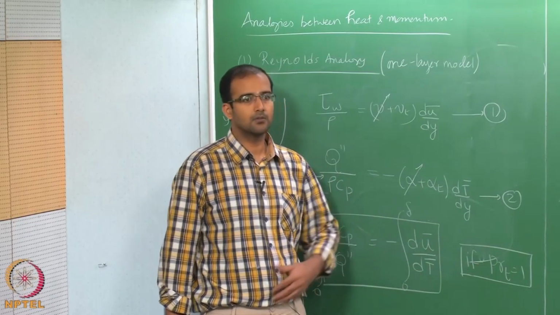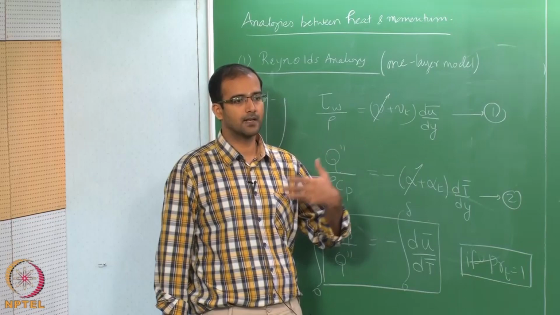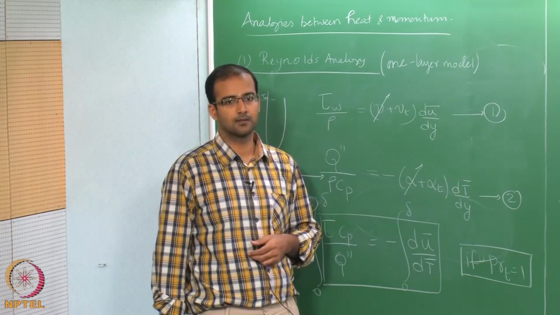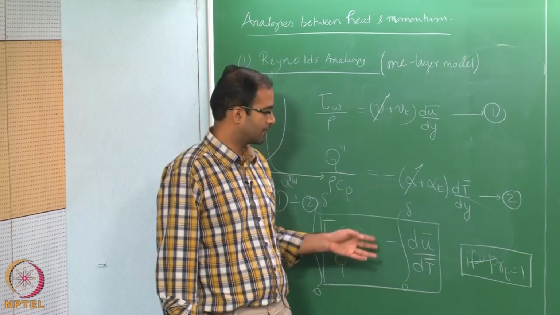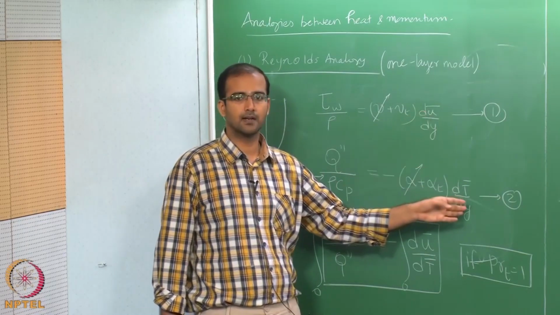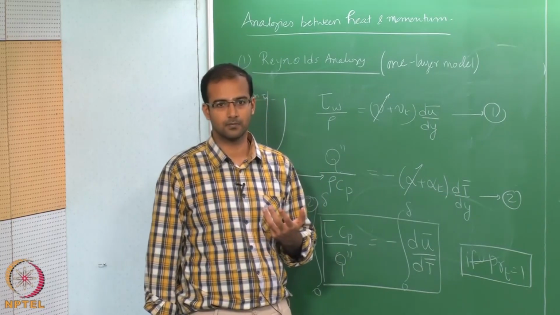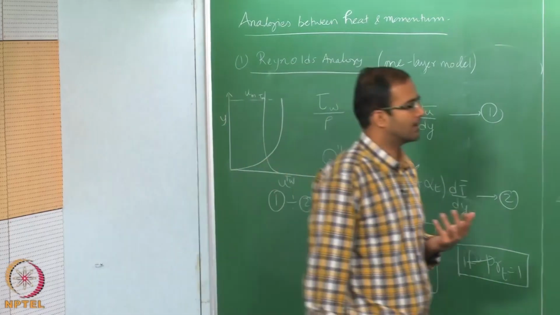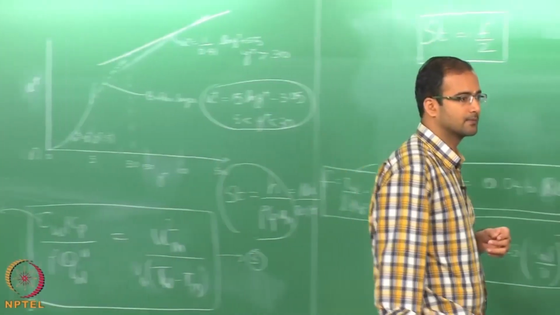So, it is not hard to visualize it if your entire boundary layer is turbulent and both the diffusivities are same. So, once again, if you look at the nature of this equation, your velocity gradient and temperature gradient have to be having similar values, okay. So, therefore, the Reynolds analogy is also applicable for turbulent boundary layers.